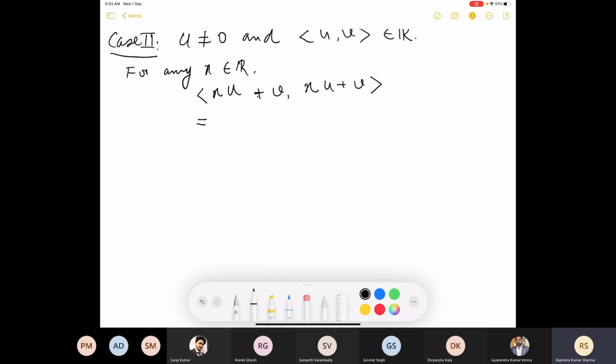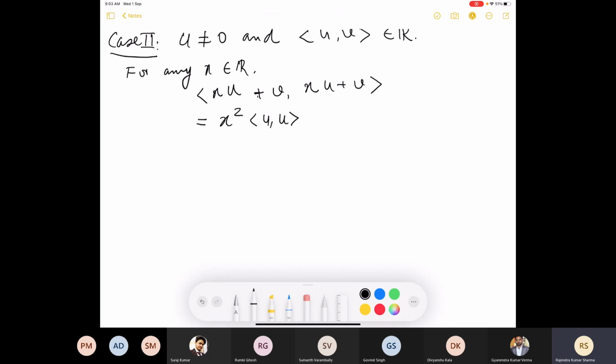So this will give you, like here, alpha alpha bar, alpha is x here, so x bar, and since x is real, that will be simply mod of x square. Mod of x square is same as x square, so this is x square u comma u plus you will have alpha beta bar u comma v plus alpha bar beta v comma u.